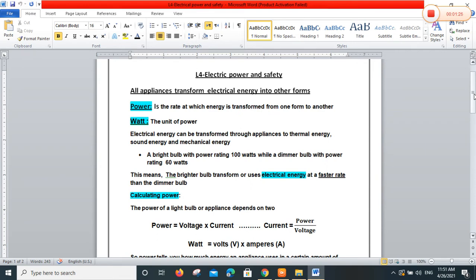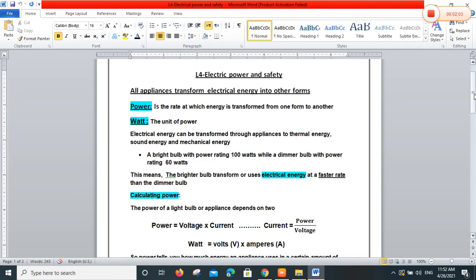This means the brighter bulb transforms electrical energy at a faster rate than the dimmer one. So it can transform electrical energy into light energy at a faster rate, and it looks brighter than the bulb with less power, 60 watts, which looks dimmer.